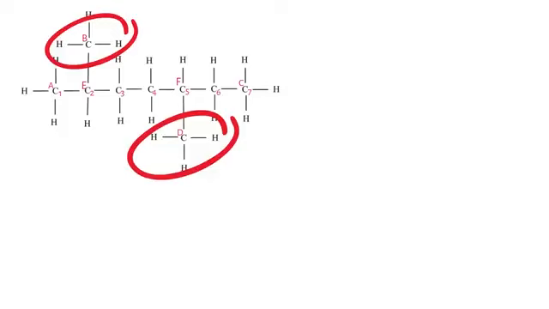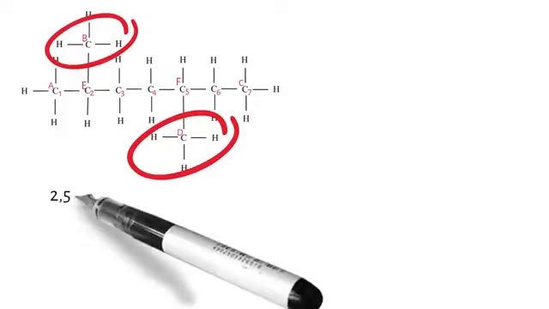So you're not going to say at carbon number 2 you found a methyl branch, and at carbon number 5 you also found a methyl branch. Because both these branches are the same, what you will write is 2, 5.